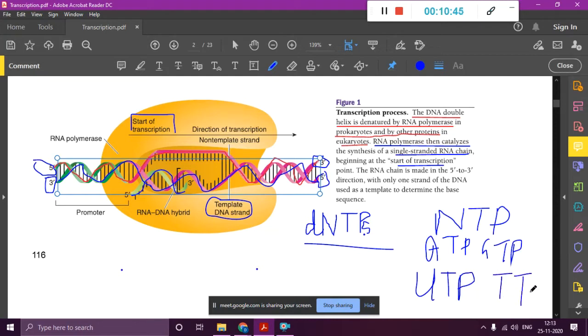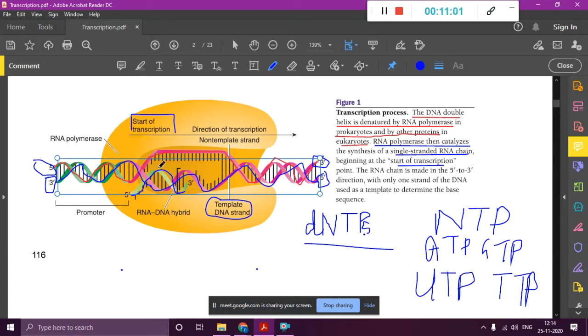These are the nucleotides which come and sit. When you had DNA polymerase, over here you have the enzyme, this orange colored shaded enzyme known as the RNA polymerase. They are the RNA polymerases.